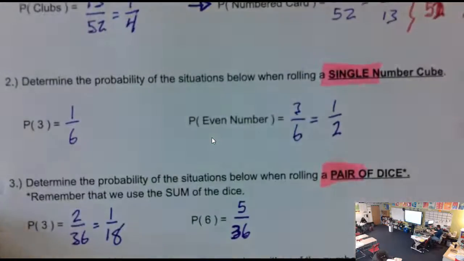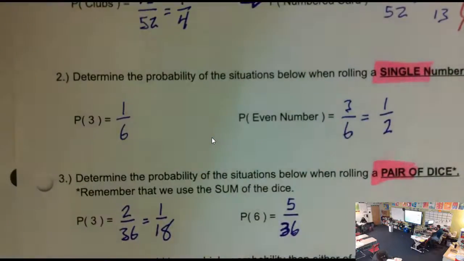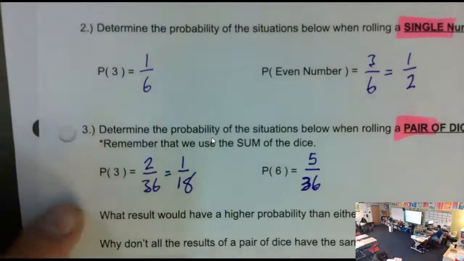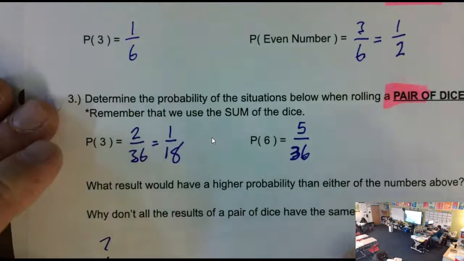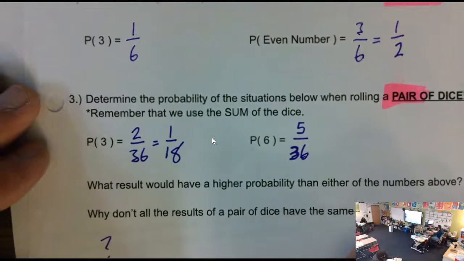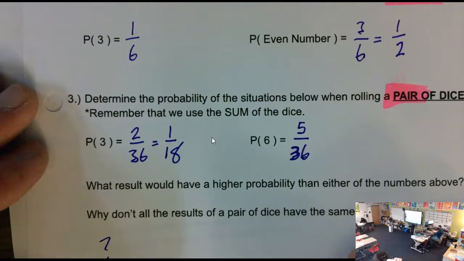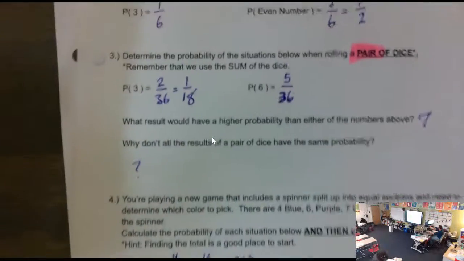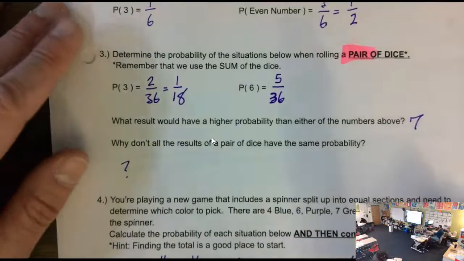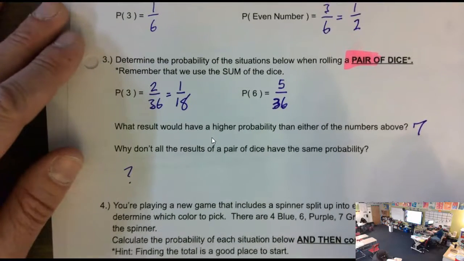And guys, I didn't really number these questions all that specifically, but for why don't all the results of a pair of dice have the same probability, there were a lot of things you could have said there. It's just all how you think about it. Some of the best things I read were like, because different numbers are easier to add up to than others.